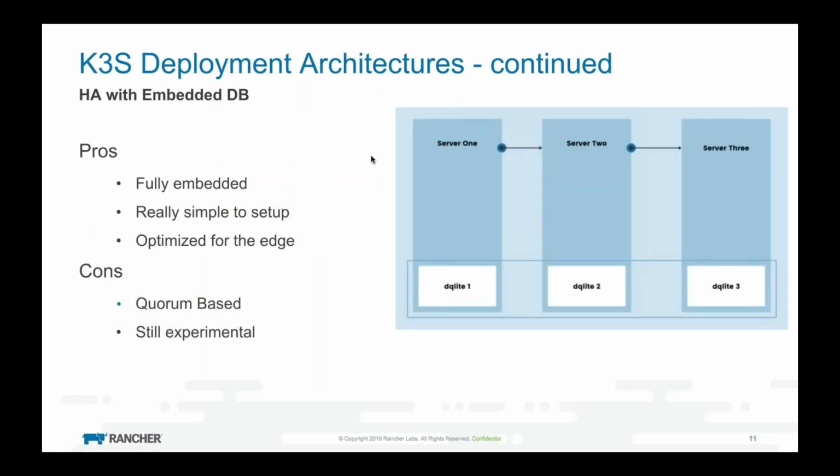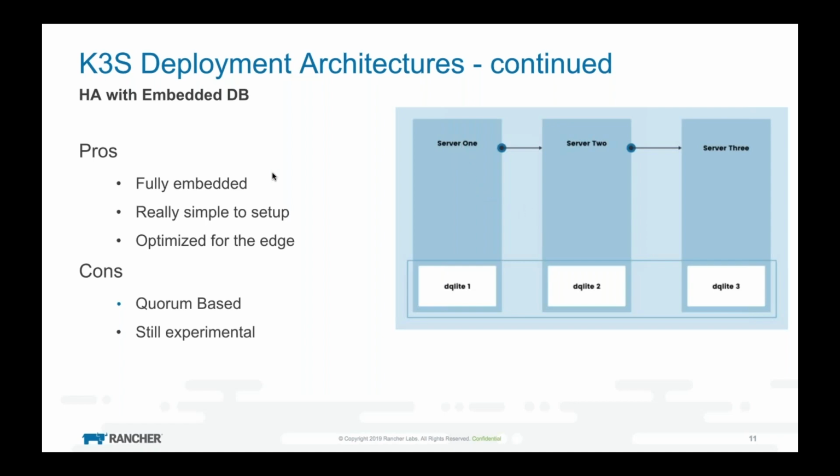So finally, we have the last deployment architecture. This is experimental architecture, but it's available now in K3s. So you can just run 3 servers with SQLite and Raft. So using Raft algorithm, it sets up SQLite in a cluster mode, and the SQLite can communicate with each other so that it can set up a cluster.